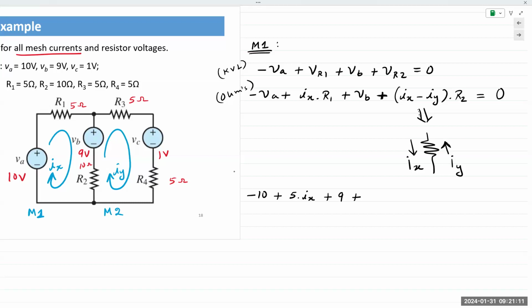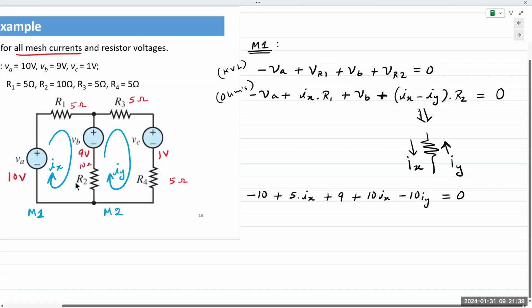And then R2 is 10 ohms, so 10 times Ix minus 10 times Iy is equal to 0. KVL, Ohm's law, plug in all the known values, reduce the equation to the form of Ax plus By equal to C. So this becomes minus 10 plus 9 is minus 1.